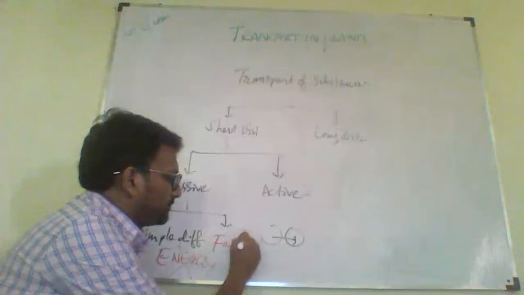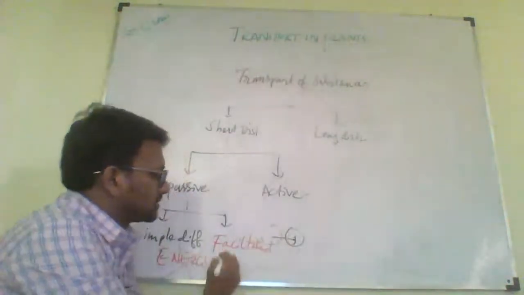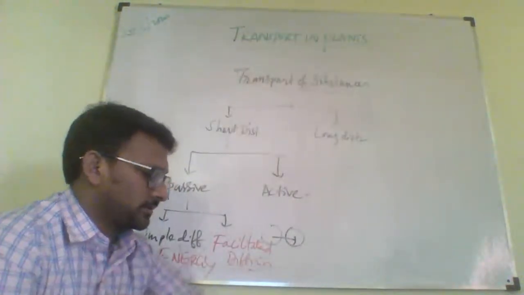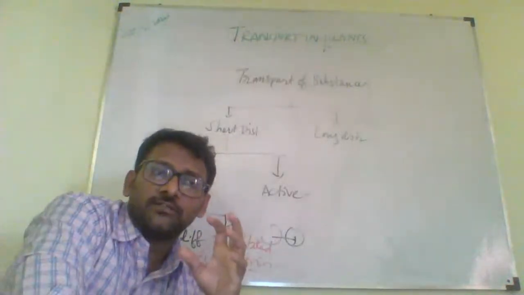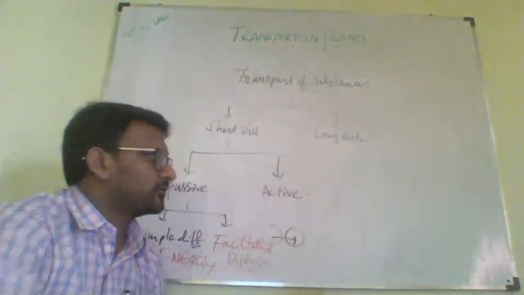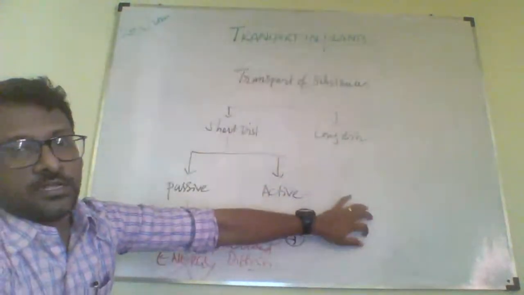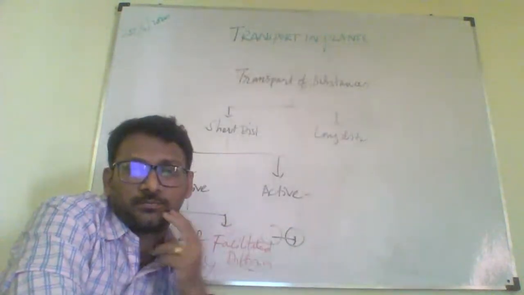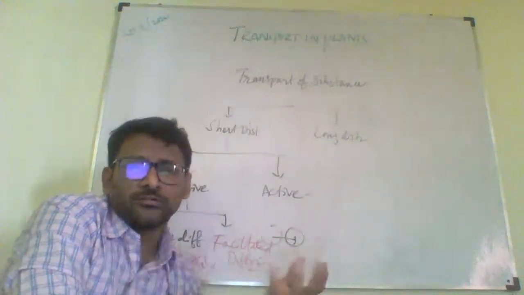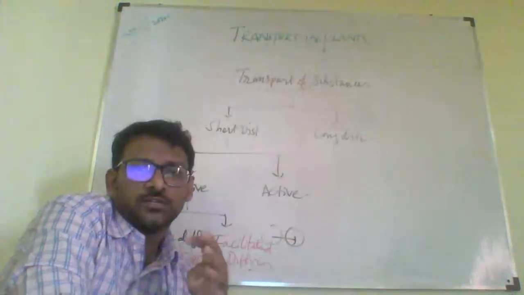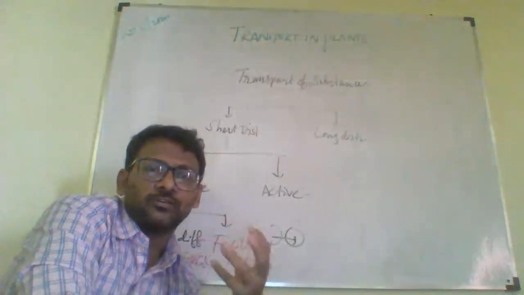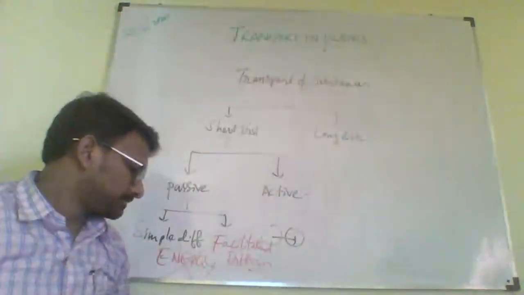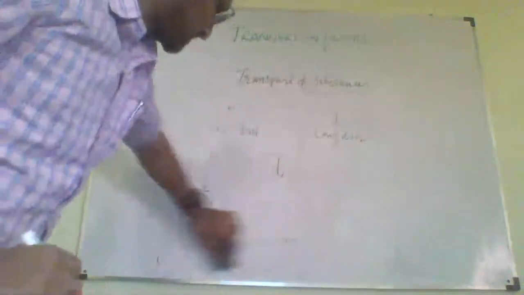In facilitated diffusion we have carrier proteins. If you consider this a wall, this a board, you have different proteins embedded in the plasma membrane, so that water molecules and gas molecules can easily transfer. In this type of transport, carrier proteins bind to the substance and transfer it to the other side of the membrane.